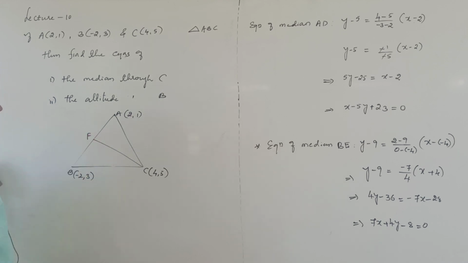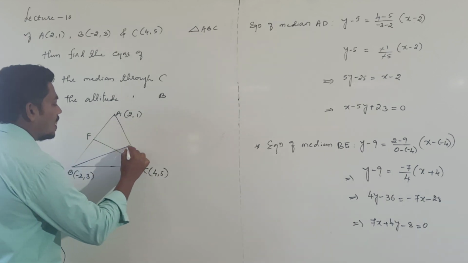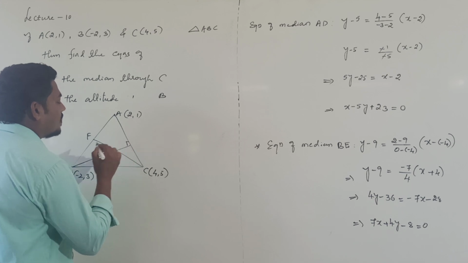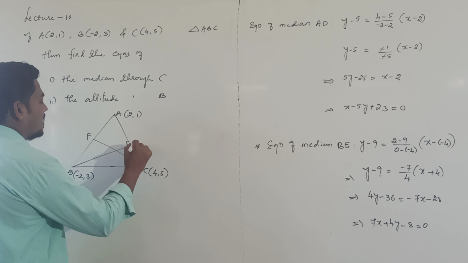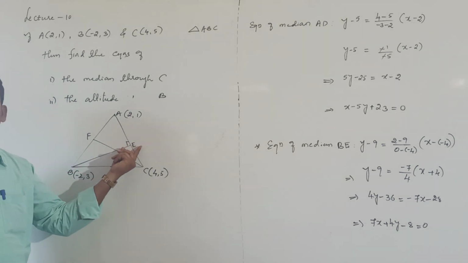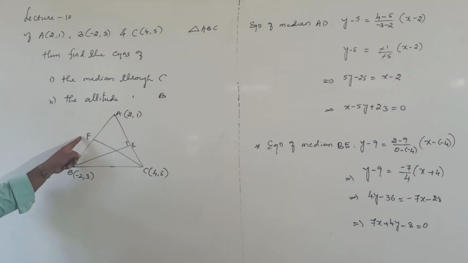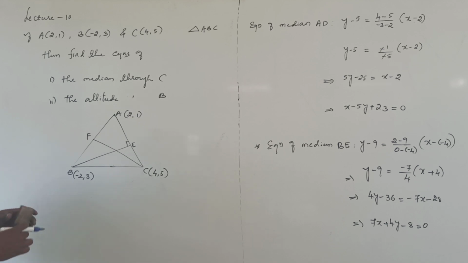Take this as F. This is the median. And the altitude, altitude means clearly it is perpendicular, and I will take this as BE, right? Altitude means it is perpendicular to the opposite side. Median means it passes through one vertex and the midpoint of the opposite side.